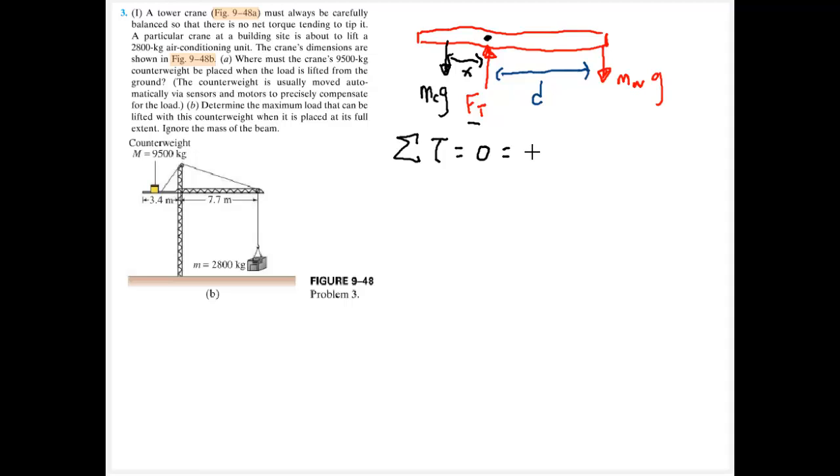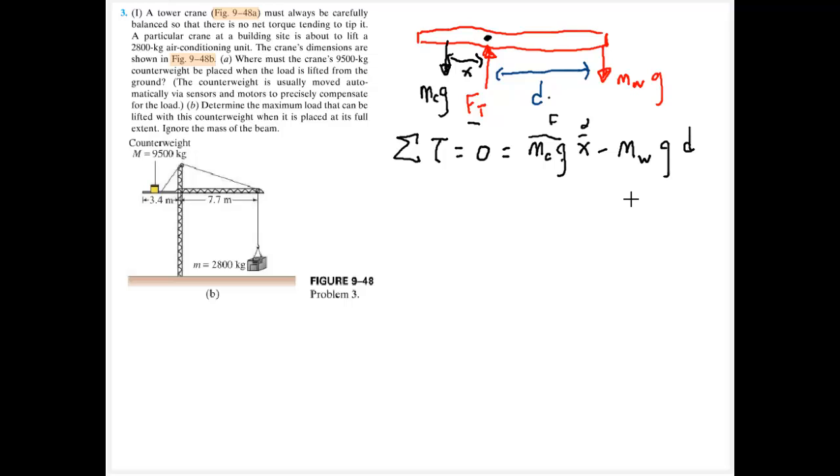So here I have the counterweight. It's going to rotate this guy in the counterclockwise or positive direction. So I'm going to have the weight of the counterweight in the positive direction multiplied by the distance, so force multiplied by distance. And then in the negative or clockwise direction, I'm going to have the mass of the weight multiplied by gravity multiplied by that distance d right there to get my torque.